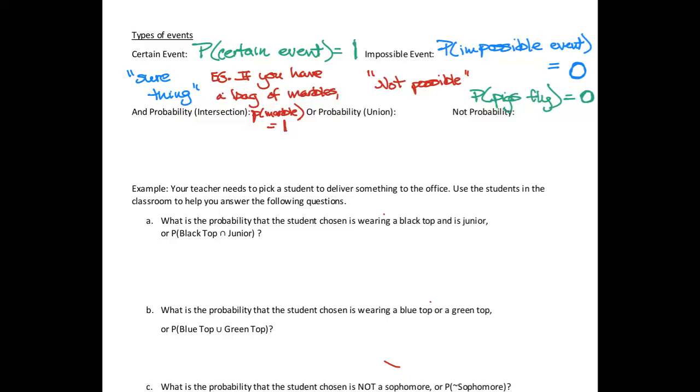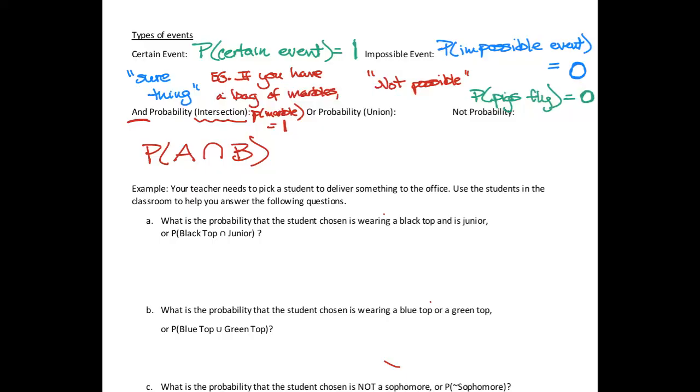All right. And this is kind of a review of some things we did. The and probability means your intersection. We write that as the probability of A and B. But here's what I say. Say it quickly. A and B. A and B has to happen at the same time.